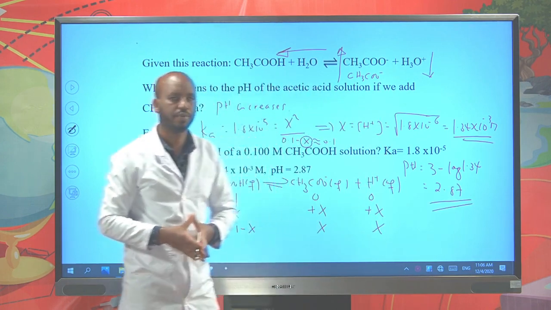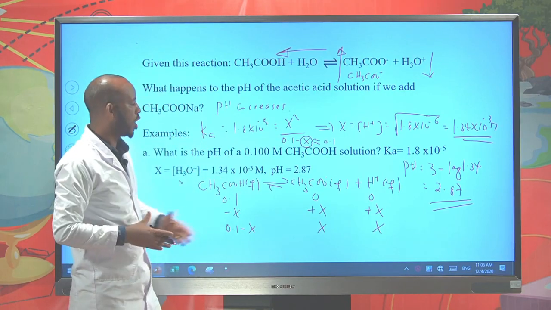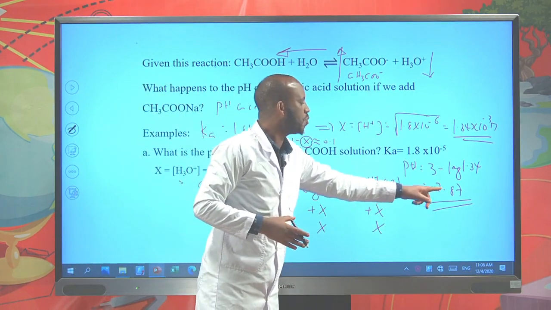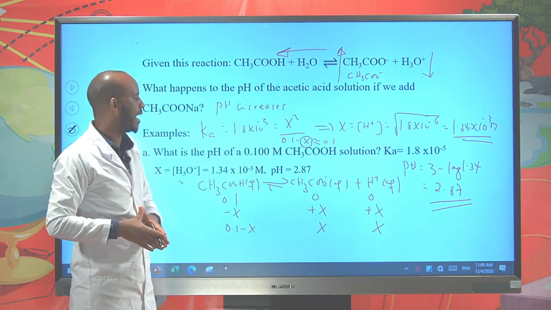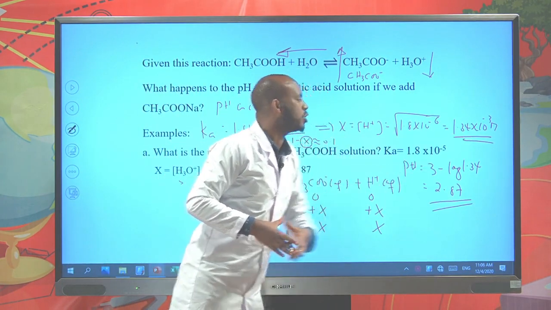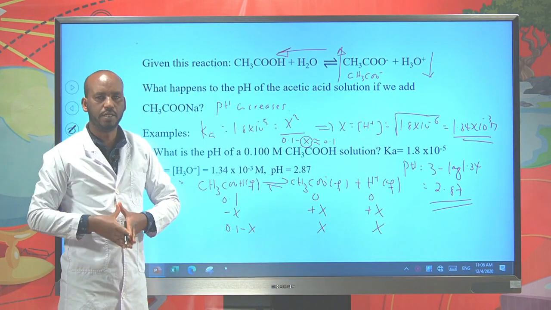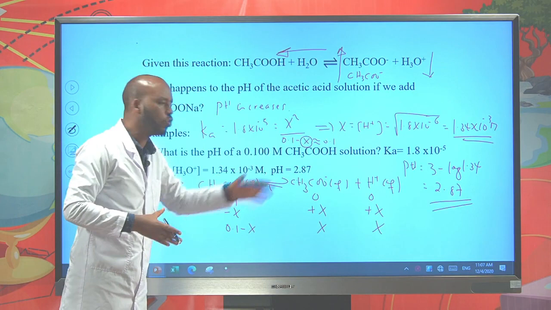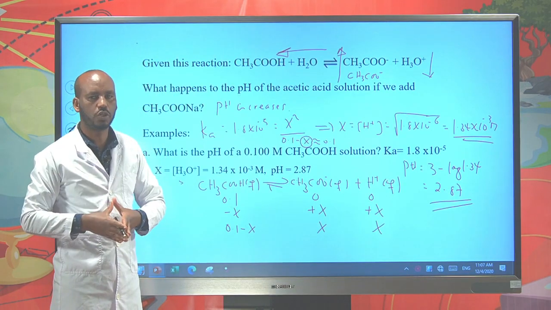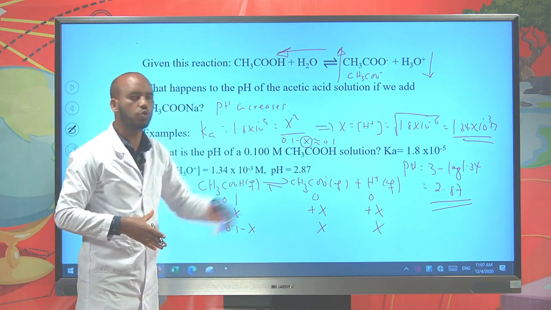Before adding a substance that provides a common ion, the pH of this solution is found to be 2.87 and the hydrogen ion concentration is 1.34 times 10 raised to minus 3 molar. Now, what happens to the pH of this solution if a substance that can provide a common ion is added to this solution?